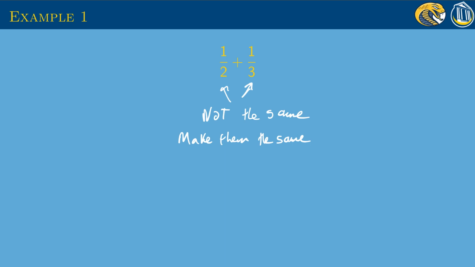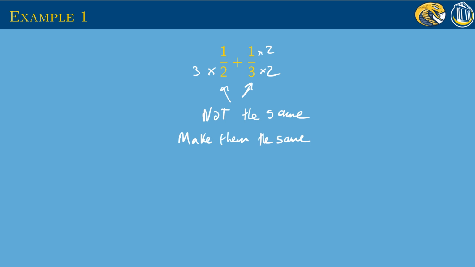For example, if I multiply 3 by 2 and I multiply 2 by 3, then both of my denominators will be 6. That's great. However, we have to do one more thing, which is everything we do to the denominator of a number, we also have to do to the numerator. So when we multiply this 3 by 2, we also have to multiply this 1 by 2.